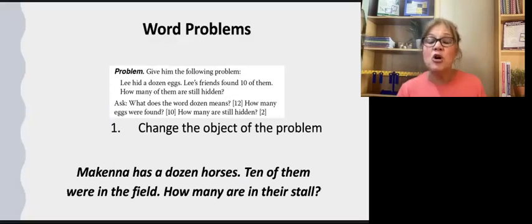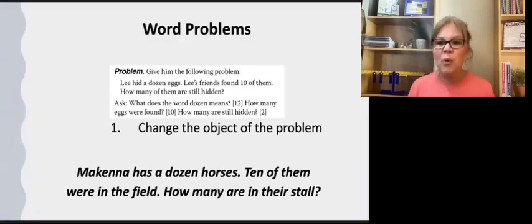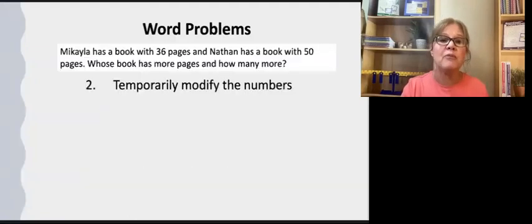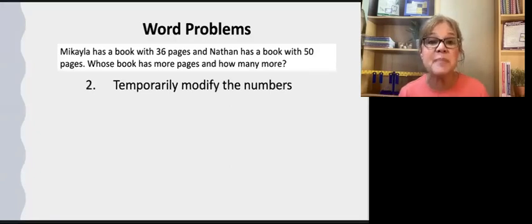Now, this specific word problem is not a good example of my next point, but some word problems can include very large numbers that can overwhelm or distract your child from even knowing how to start. So I'm going to show you a word problem from level B. So here we have a word problem with larger numbers. Michaela has a book with 36 pages. Nathan has a book with 50 pages.